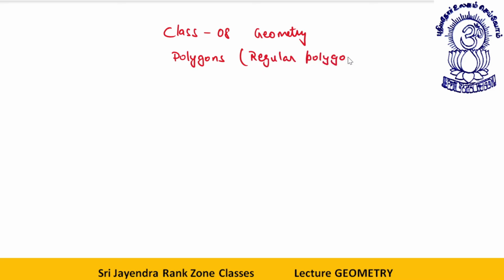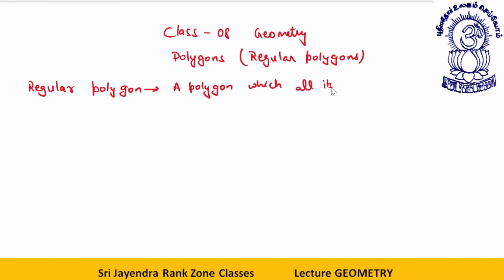Okay, what does the word regular polygon mean? Regular polygon means a polygon which has all its sides equal and all its angles also equal.